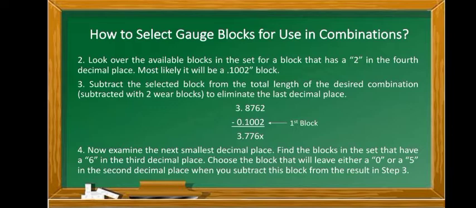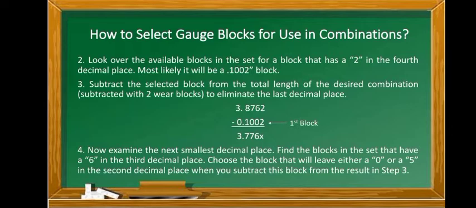Now, examine the next smallest decimal place. In this example, it ends with a 6. So find the blocks in the set that have a 6 in the third decimal place. Choose the block that will leave either a 0 or a 5 in the second decimal place when you subtract this block from the result in step 3.